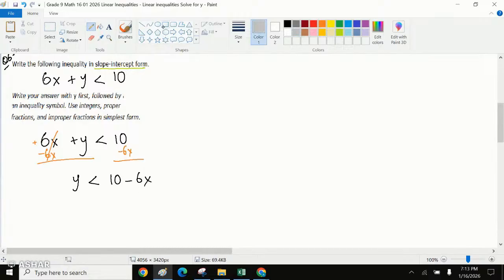If I am writing my answer in this form, it is not incorrect. But we know that we always have to give our answer in the form y is equal to mx plus c. So we prefer writing it in the form minus 6x plus 10 because this is the form of slope intercept, right? So we would write the value with the x first and the constant goes at the last, okay?